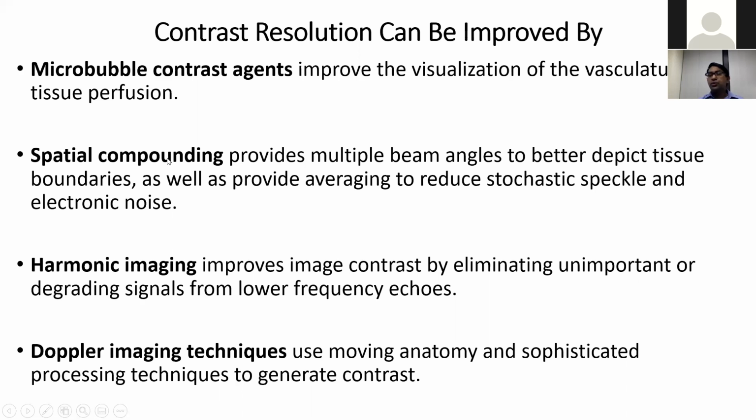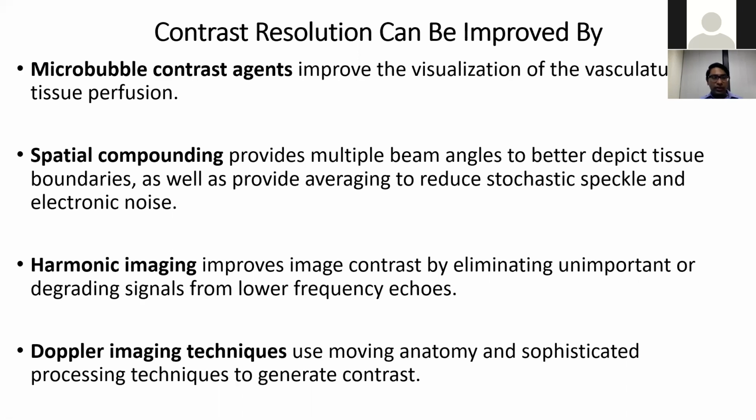That means that you average multiple B modes to get a better understanding of the speckle pattern, and reducing the stochastic speckle noise or the electronic noise that is present. Another method is that we can look at harmonic images. What harmonic images do is that they eliminate the fundamental frequency, which is more susceptible to noise, and look only at the higher frequencies that are coming back from the echoes.